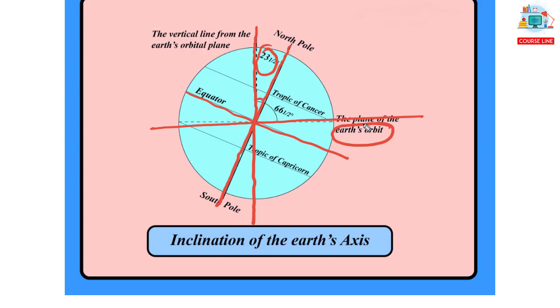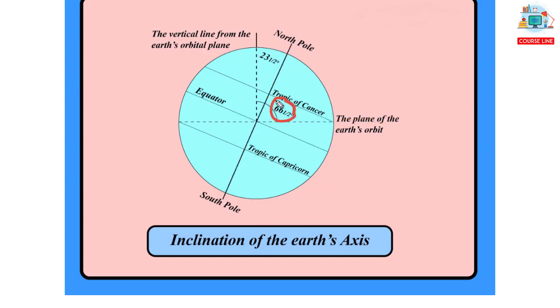And the plane which lies on the Earth's orbit is called orbital plane. Okay, so the vertical plane and the orbital plane, they are making 90-degree angle with each other. Okay, and the axis of the Earth is making 23.5-degree tilt from the vertical plane, so it is making an angle of 66.5 degree with the orbital plane.